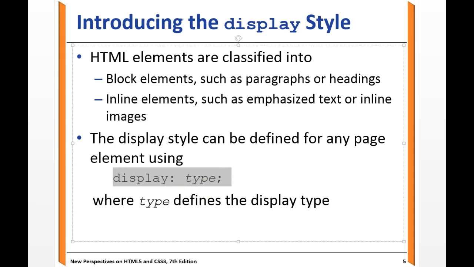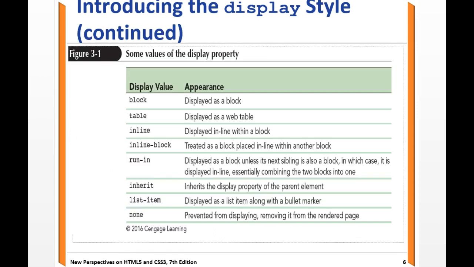So let's look at some of the types that are available. You can look at this figure here, and you can see the display value and then the appearance of it. If you don't want anything to show up, any display, you can put none, which prevents it from displaying and removes it from the rendered page. You could also have it as block, table, inline, run-in, inherit, list item, and so on.